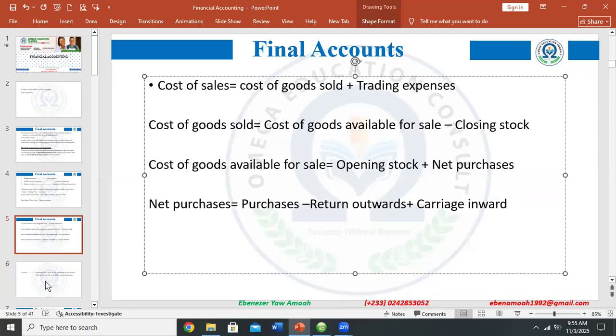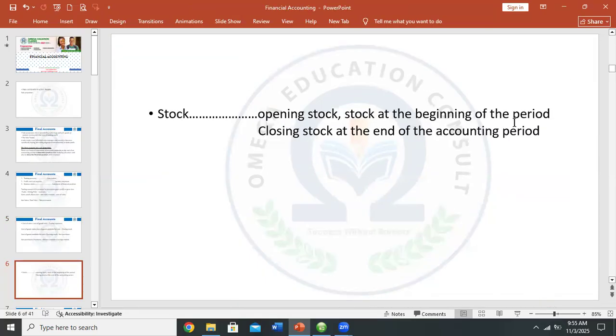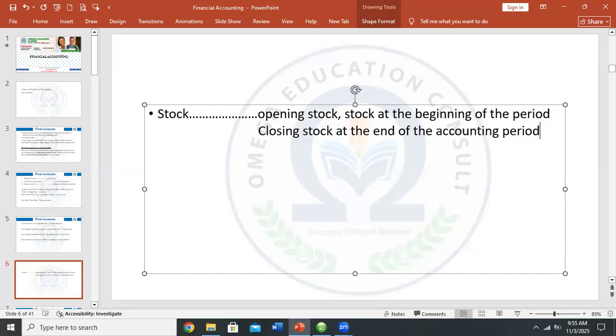So let's put that down. Apart from your stock, you should also be interested in your return outwards and carriage inwards. Now, I want professors to tell me, please, what is return outwards and what is carriage inwards? Because you know these things. What is return outwards?